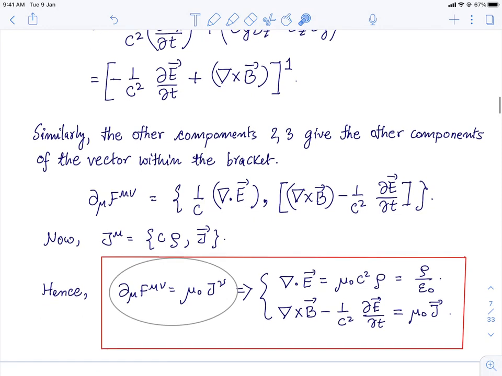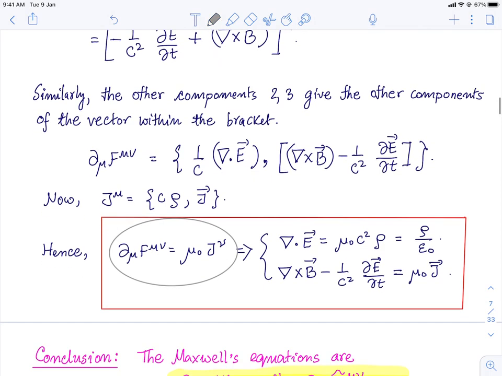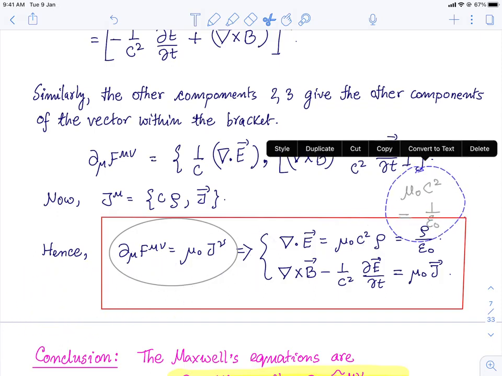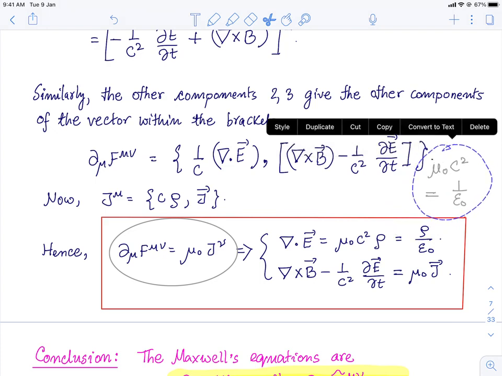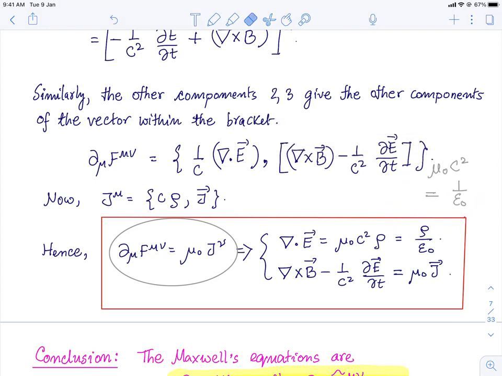What I'm saying is, if we match the time component with this equation, then I have a mu naught times c squared in the time component, and this mu naught times c squared is nothing but 1 over epsilon naught.